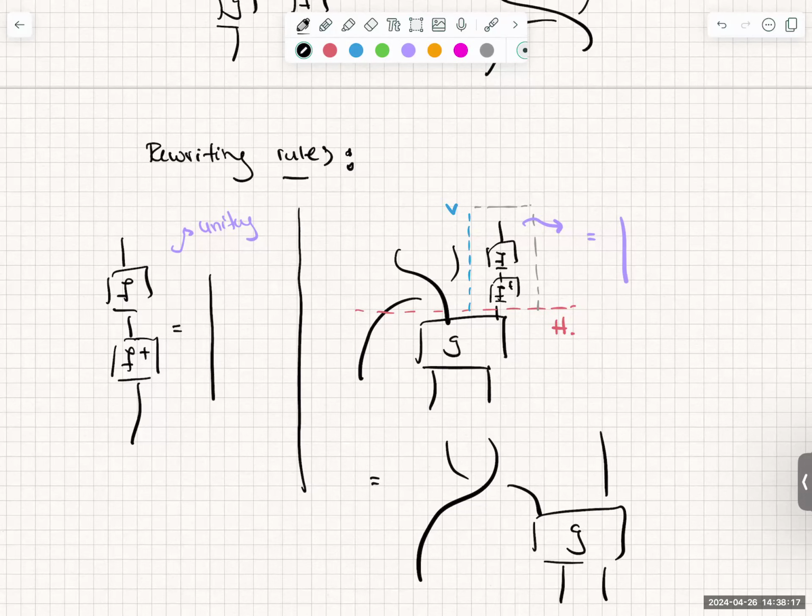In the more complex example you drew, you can see that graph with the F and F dagger above as a composite of two graphs, where you have just the F and F dagger, and then the other one where there's the bridge and the G. Yeah, I guess. And that would be a composite. So if you extend the relation through composition, then it gives you what you want.